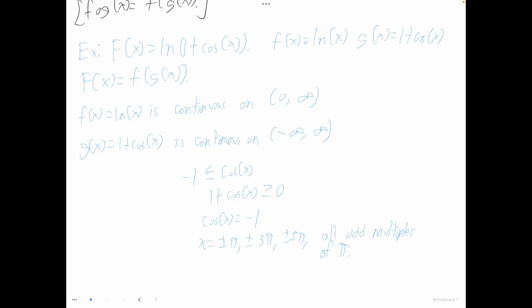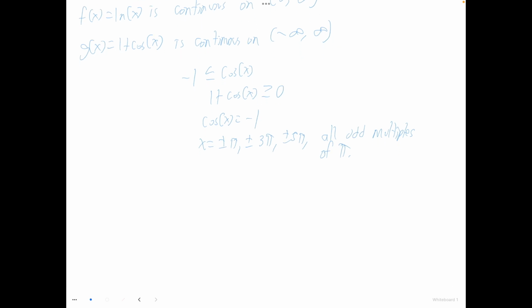And so we have to drop all of the odd multiples of pi out of our interval for when we are continuous for capital F. Because capital F will be discontinuous at those points, since f of g runs into problems at all of those points, since we'd be plugging in 0.